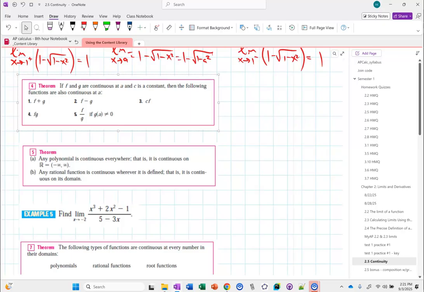If I multiply by a scalar, just some constant, that new function is still continuous at a. If I divide them, that new function is still continuous at a, provided the denominator is not equal to 0 at a. You guys okay with that? So the same rules as for limits. Hey, that's nice. It shouldn't be a surprise though, because our definition of continuity was basically the same as our limit, right?